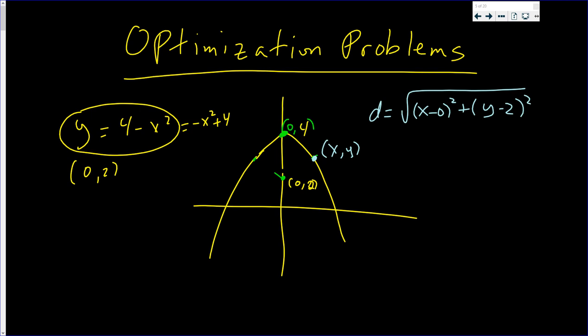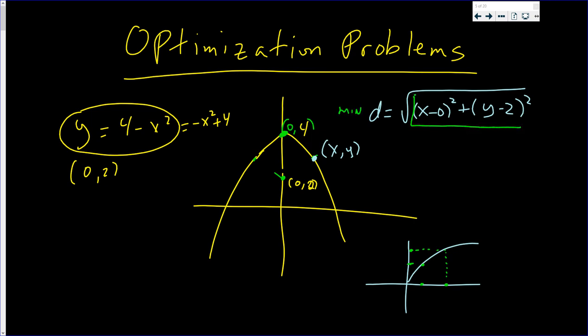Now, the first thing I'm going to say is that when it comes to square roots, this function is always increasing. If you take the square root of a larger number, you get a larger answer. We want to minimize d.